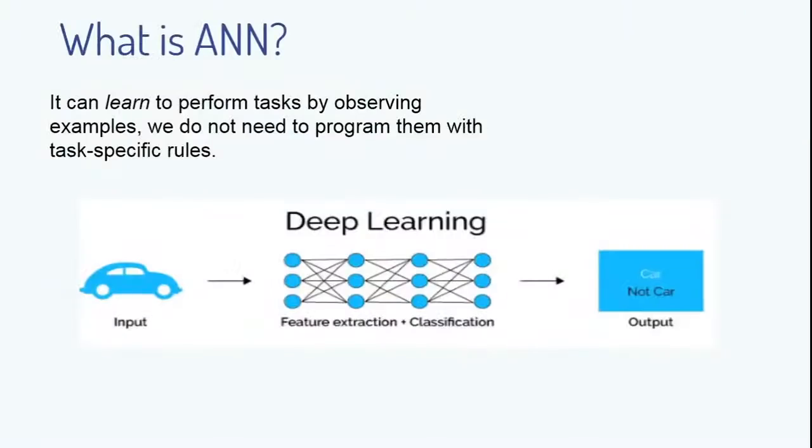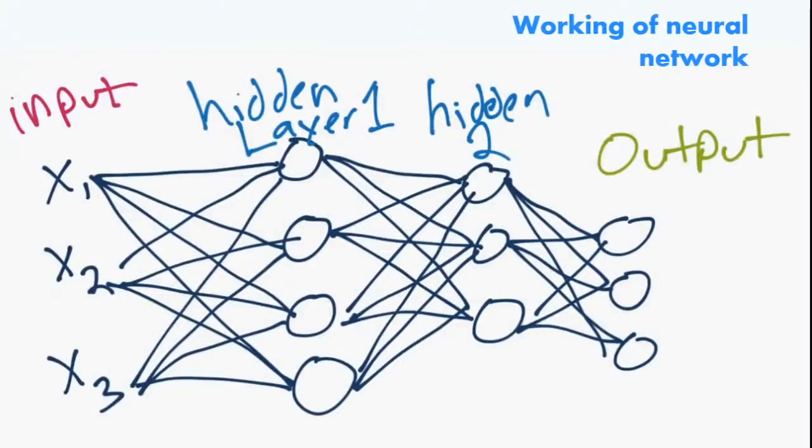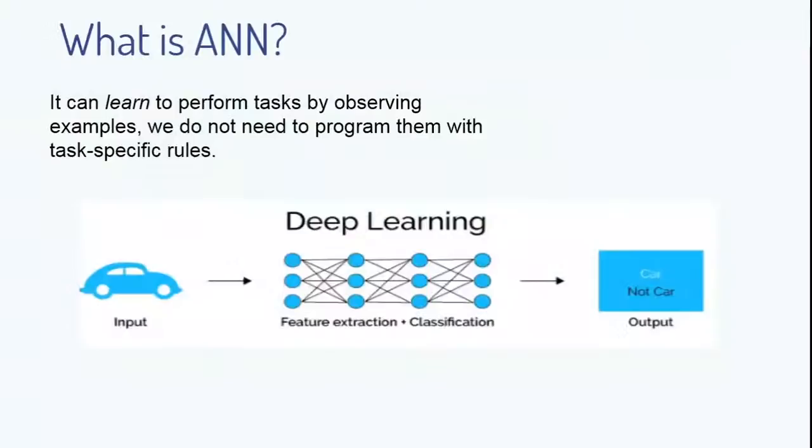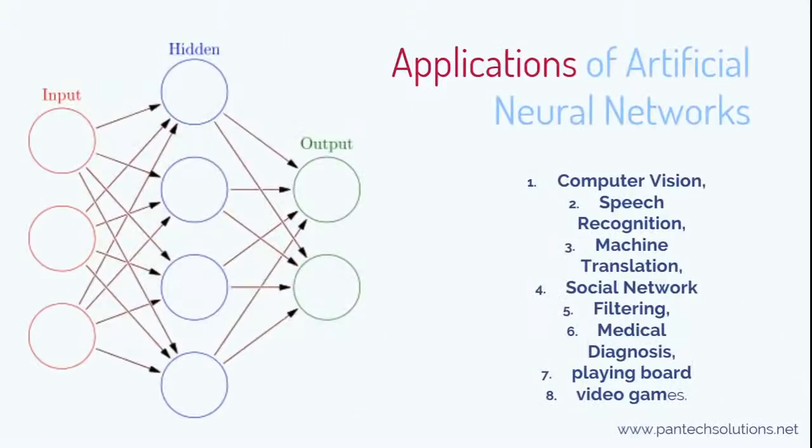In neural networks we have two types: artificial neural network and deep neural network. An artificial neural network is a simple thing like this: input layer, hidden layer, and output layer. An application of artificial neural networks is computer vision.